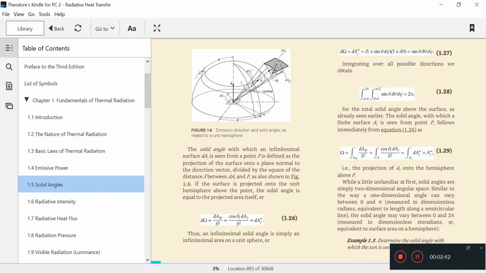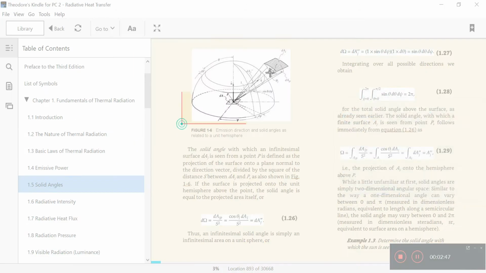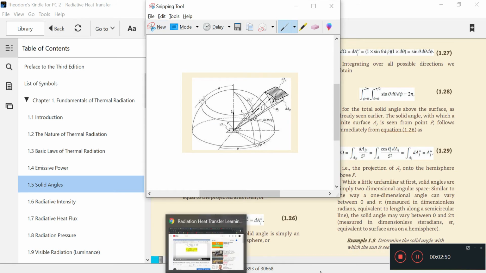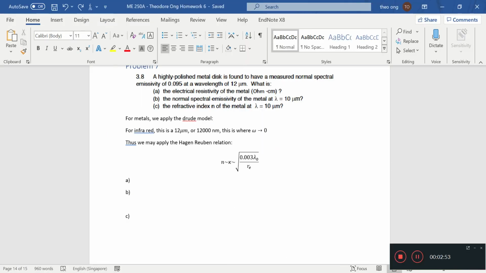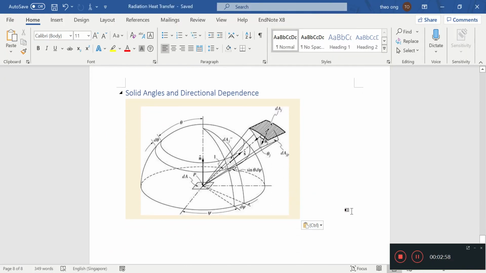We can start from this little diagram. I'm going to paste it here. So what's in this diagram? Let's analyze it slowly. We see that there's some unit area dA that's emitting radiation in all directions, and we take into account this direction S hat.